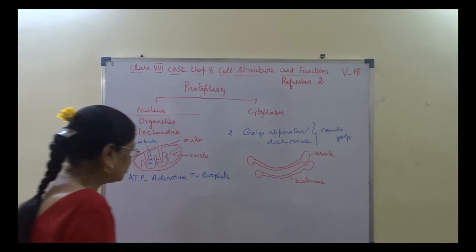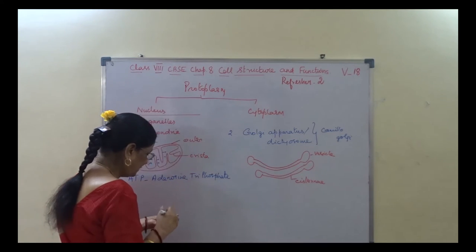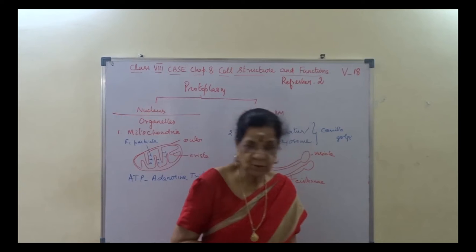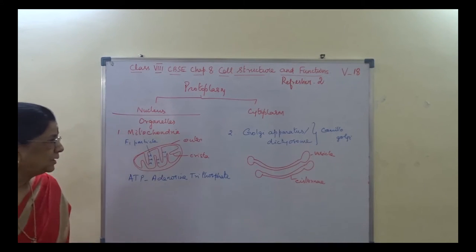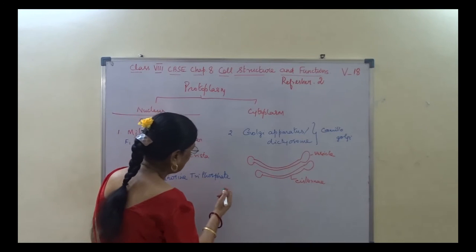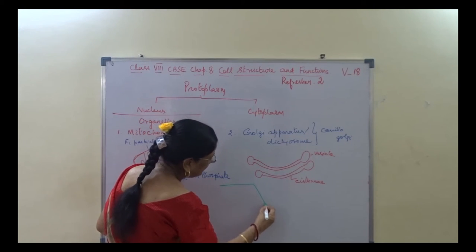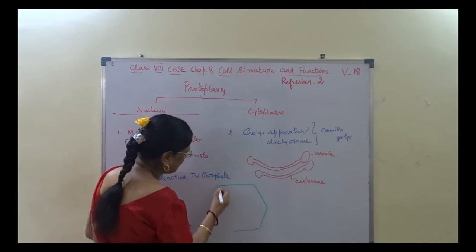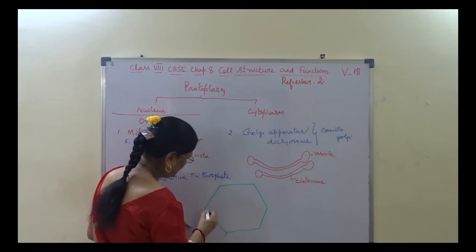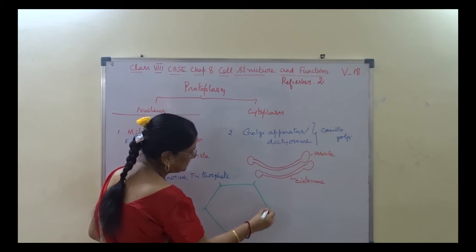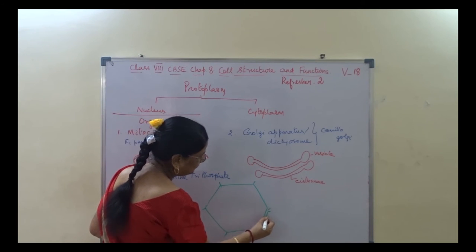Okay. The next one is the endoplasmic reticulum. This is a plant cell structure.